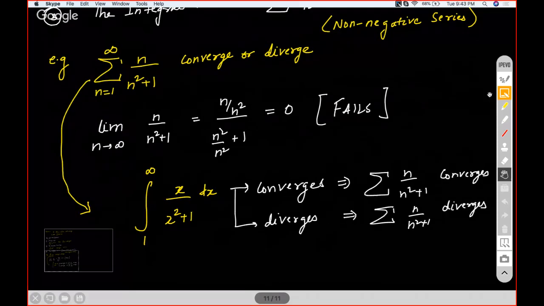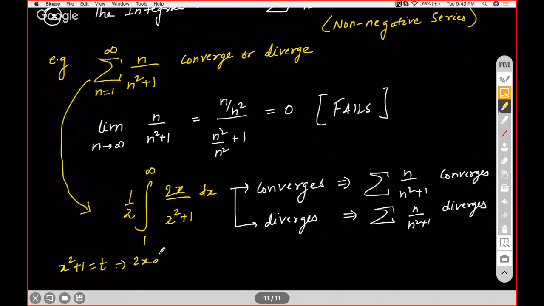Now, can you evaluate the limit of this? Anybody can. Just put a 2 here and a half here. Take x square plus 1 as t, so 2x dx becomes dt. It will become half integral, and it will go from 2 to infinity.